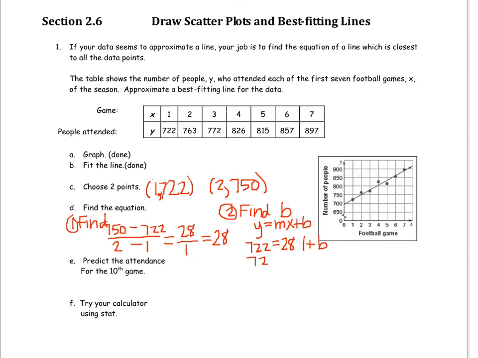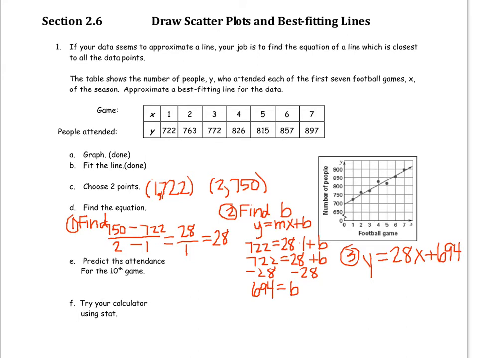So this is 722 equals 28 times 1, which is 28, plus b. Subtract 28 from both sides. And b equals 722 minus 28, which is 694. So my equation is y equals 28x plus 694.